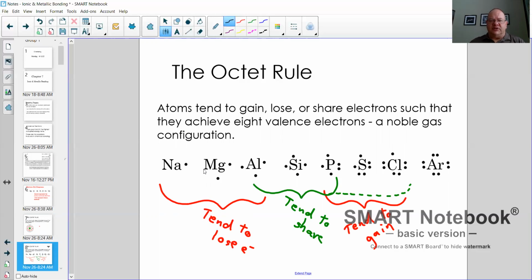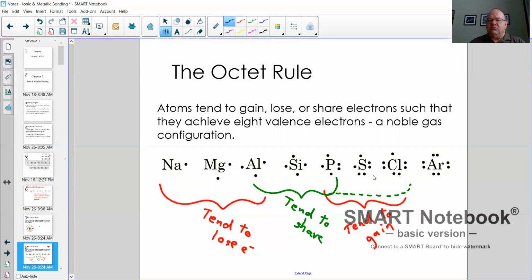If you have few valence electrons, you tend to lose those electrons. Now, when we come over to this side where we have 5, 6, 7 valence electrons, this says tend to gain.